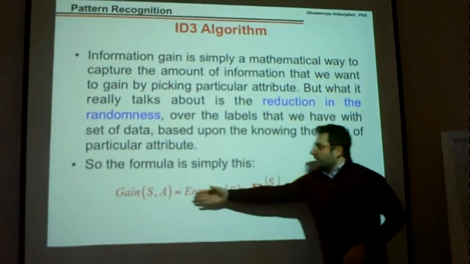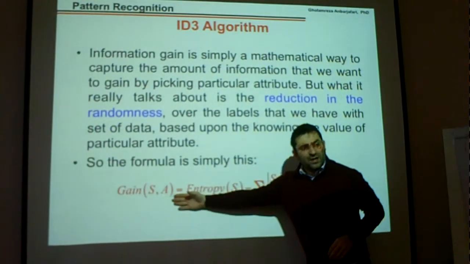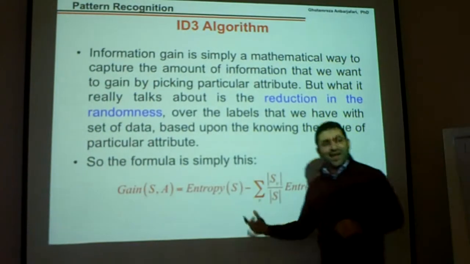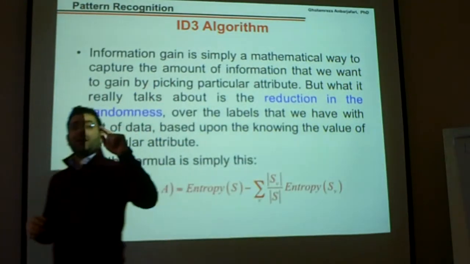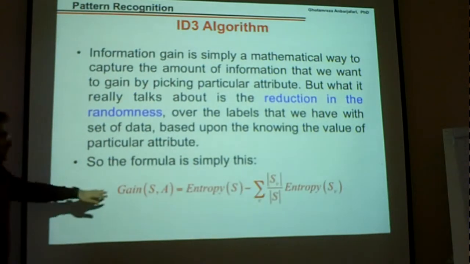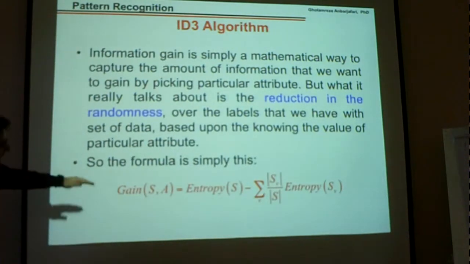Now, the formulation for the gain has been given in this form. As you can see, we have entropy, and you remember we were relating entropy with randomness. We will get back to this sentence in a few seconds when I go to the next slide. So let's look at this formula and define what it is.